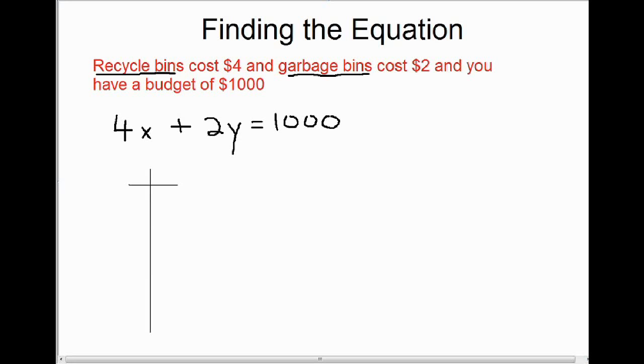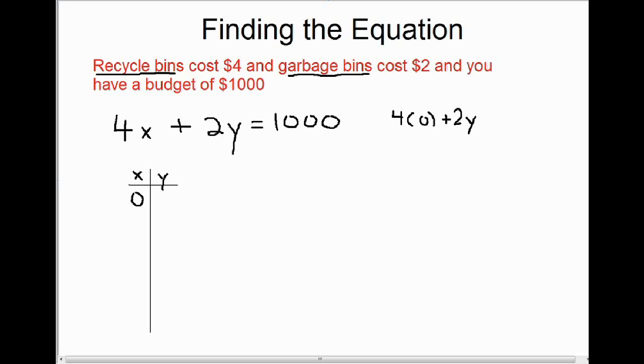A nice place to start often is 0. If we're trying to understand a linear relation, we want x to be 0 first. So if I substitute that into the equation, we get 4 times 0 instead of x. What I'm saying is I'm going to buy 0 recycling bins, and I'm wondering how many garbage bins I could afford then.